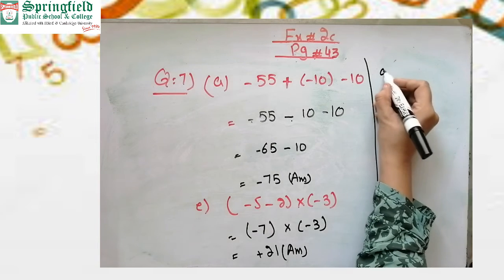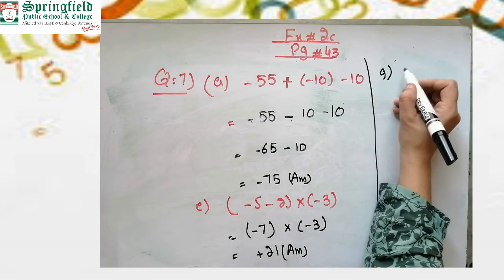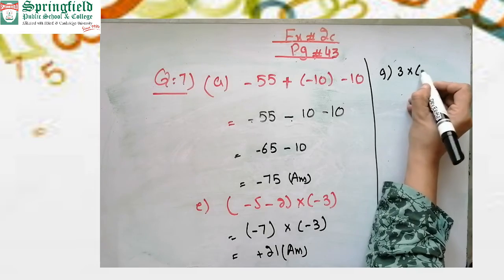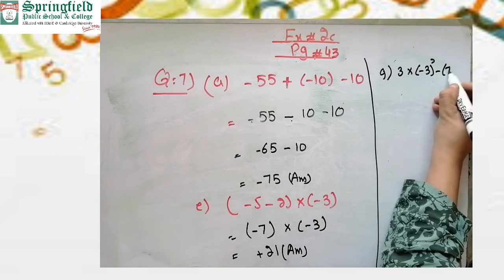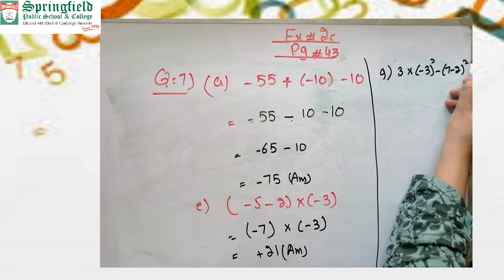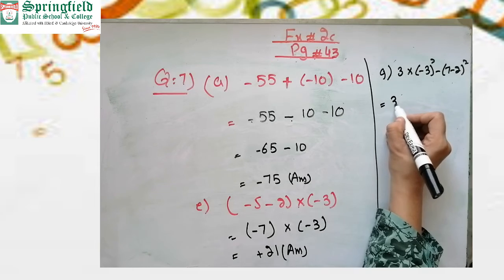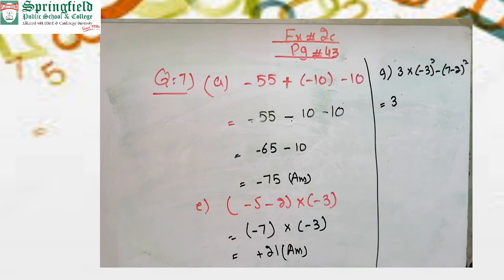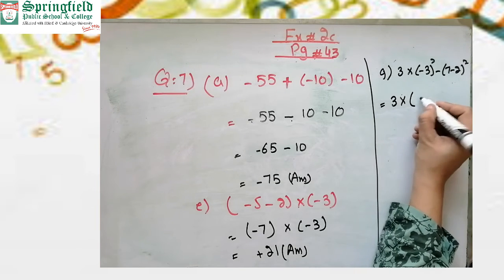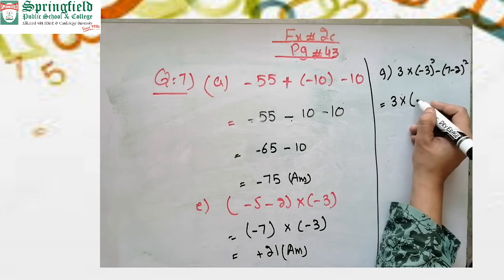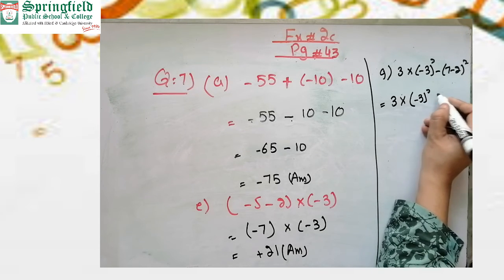Okay. Now come on the part G. G is 3 multiply minus 3 and then power, minus 7 minus 2 then power. Okay, it means first we will solve the brackets, then we will come on the powers and then multiplication and division, and then at the end we will do addition and subtraction. So 3 multiply minus 3 power. Okay, leave this power.